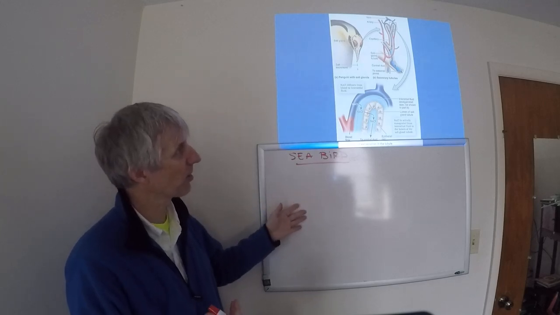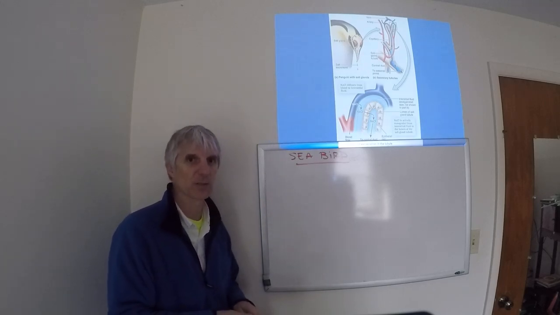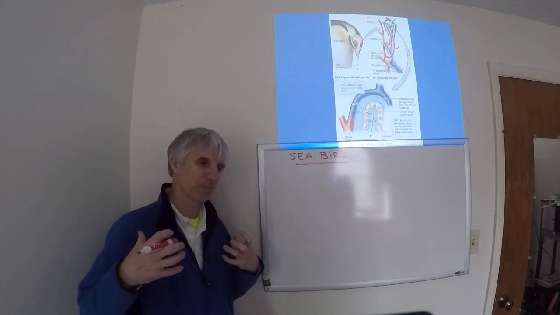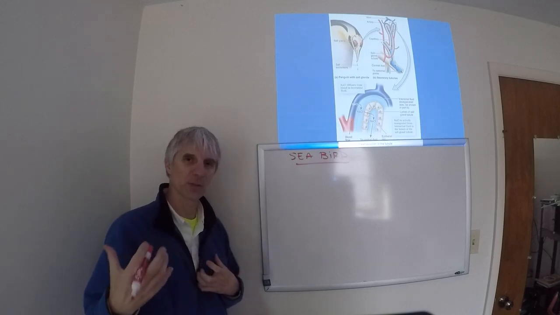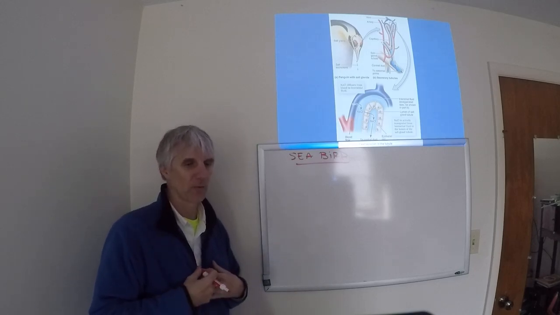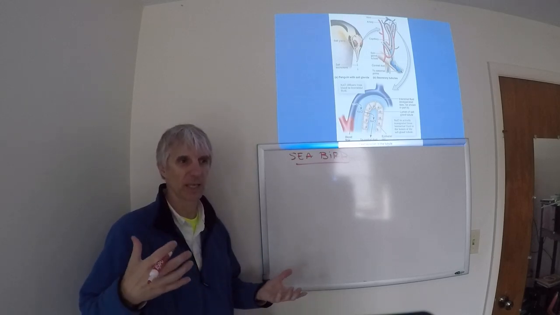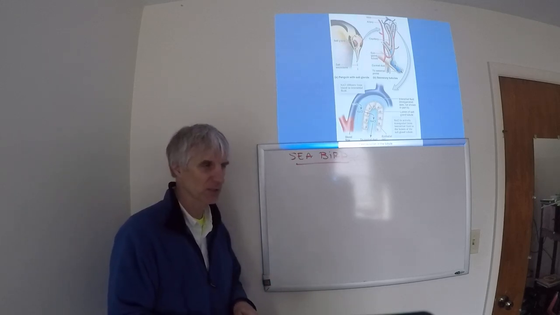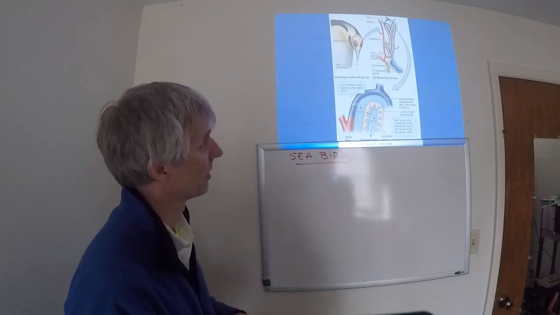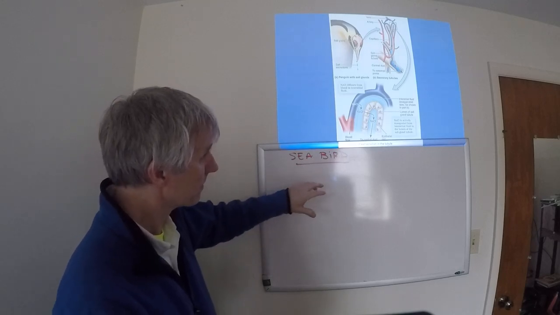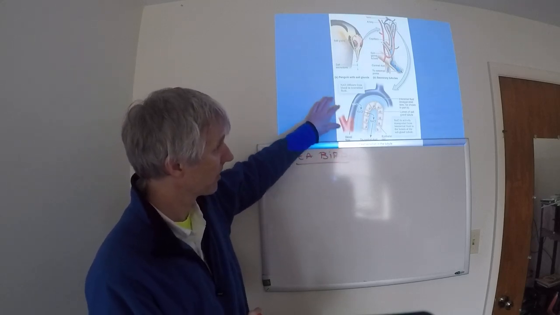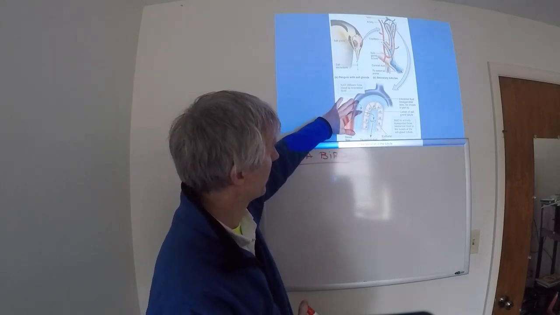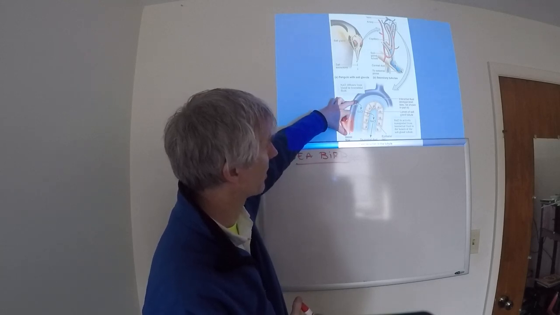If this seabird feeds on sea stars, it's getting water at the concentration of seawater. Right? If it feeds on more fish, it's getting less salt than it would if it fed on sea stars.